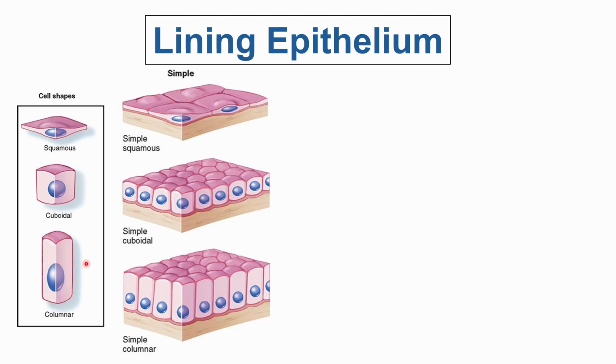So, column-shaped siya. Alright? So, if these cells are only present in a single layer, then you will call this epithelium or epithelia simple squamous, simple cuboidal, or simple columnar.